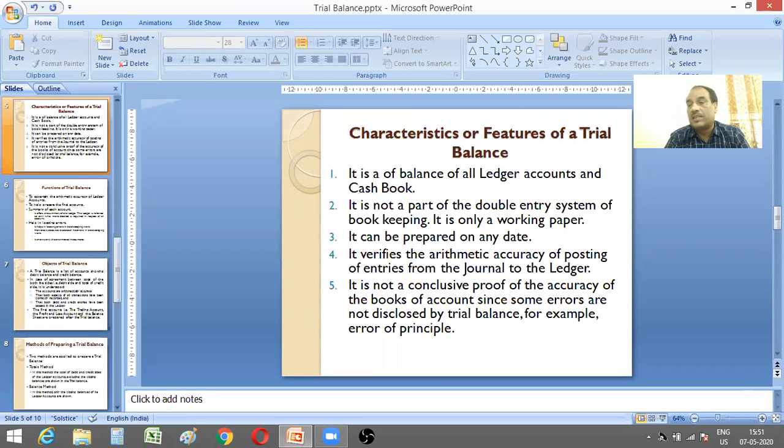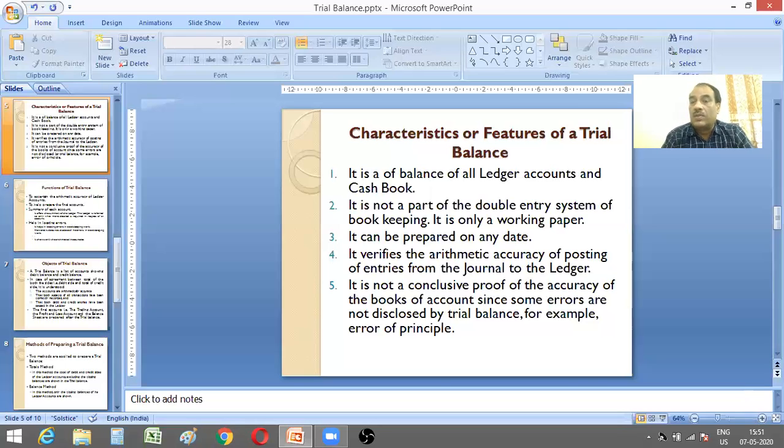We have already discussed in the previous class that when we prepare the trial balance, we take the accounts mentioned in the ledger as well as the cash and cash in the banks. It considers the balances of all ledger accounts and the cash book. Then, it is not a part of the double entry system of bookkeeping. It is only a working paper, right?